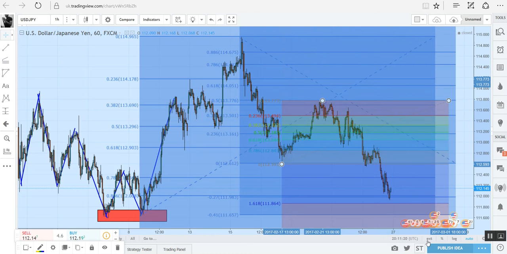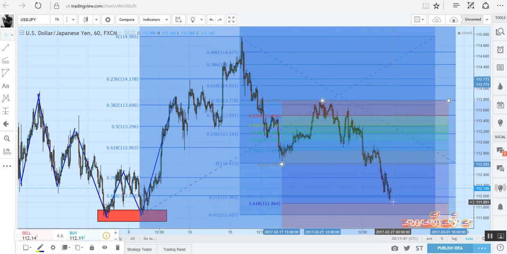So we can see that the 161 extension just comes a little bit below those two Fibonacci confluence, and it's actually around that support area. So we've got plenty of reasons that this market is likely to rally from this point. We got the oversold conditions on our RSI. We've got the two Fibonacci confluence, the 886 and the 127 extension, and we also got the 161 extension a little bit below those two points.